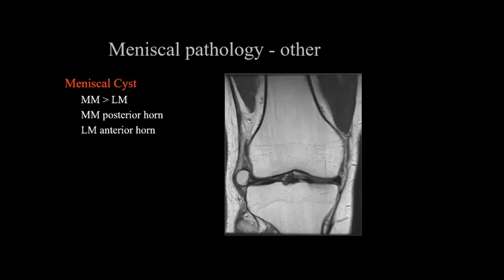So a parameniscal cyst is something orthopedic surgeons don't really see when they do arthroscopy. We need to mention it in our report so they can decompress or remove it surgically when they do the knee arthroscopy.